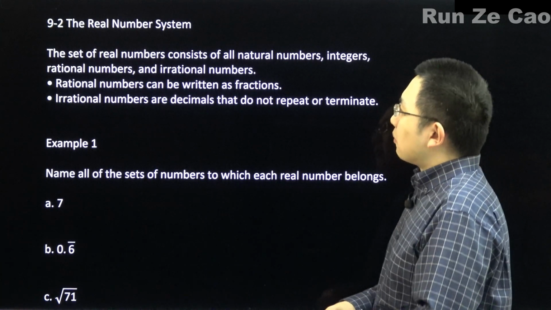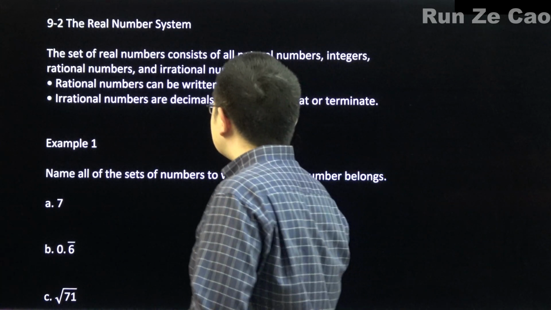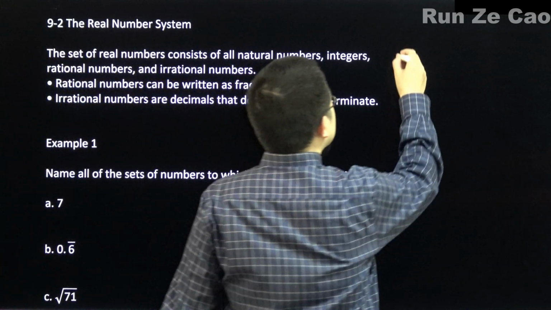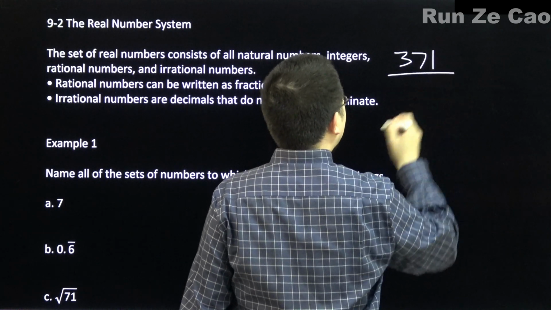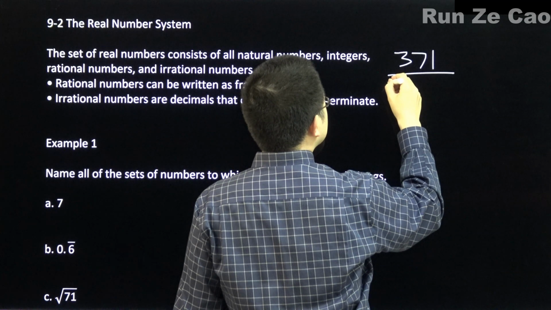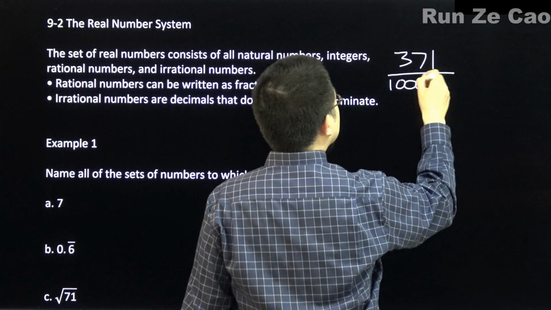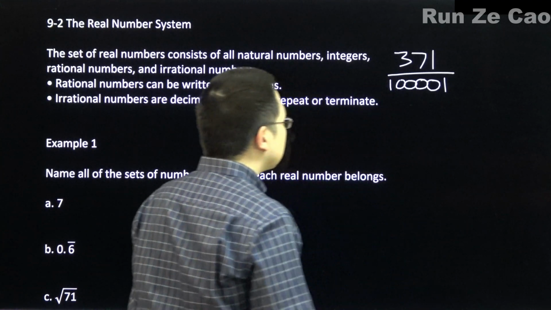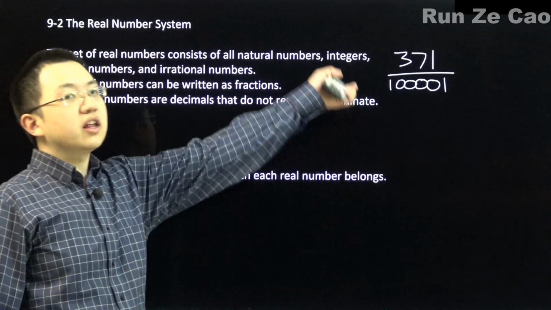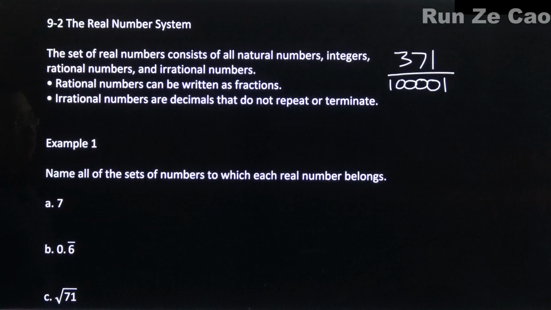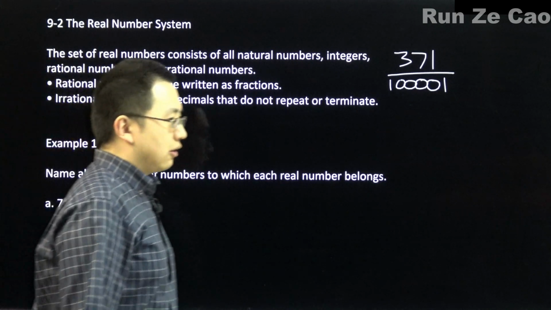So, what's a rational number? Well, a rational number is any number that you can write as a fraction. Like, say, 371 over 100,001. This can be written as a fraction, and therefore it is a rational number. An irrational number cannot be written as a fraction, and it's a decimal that doesn't repeat or end.